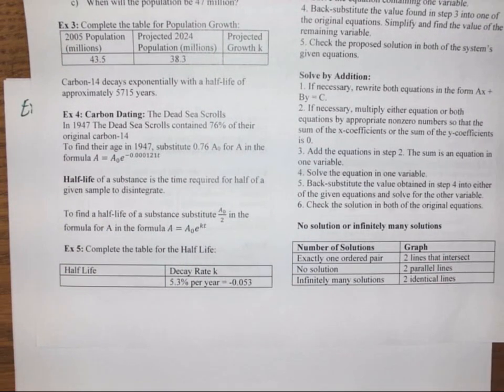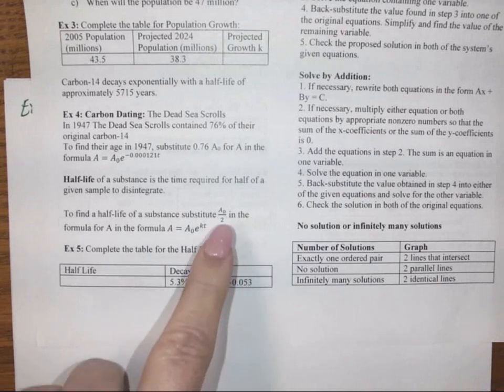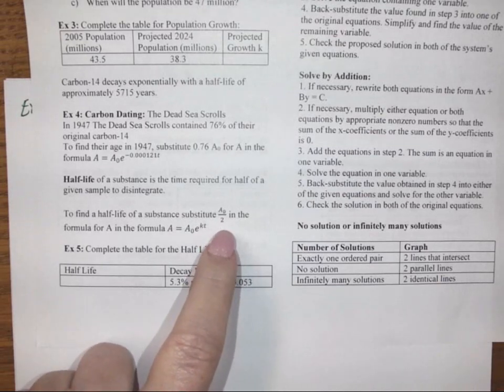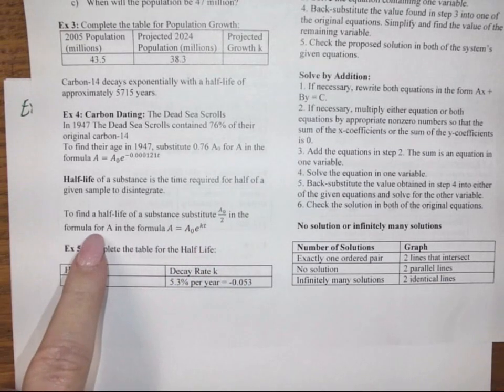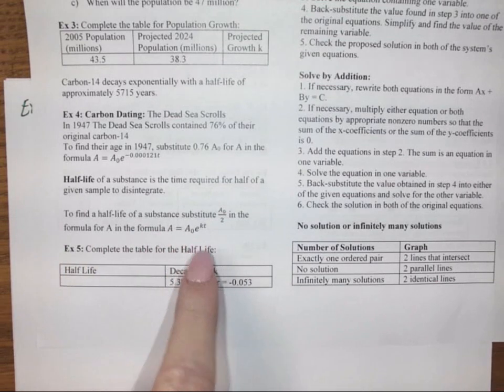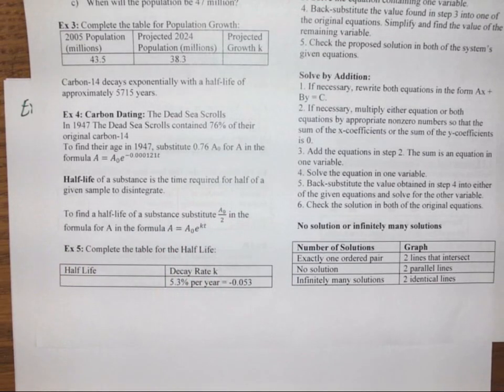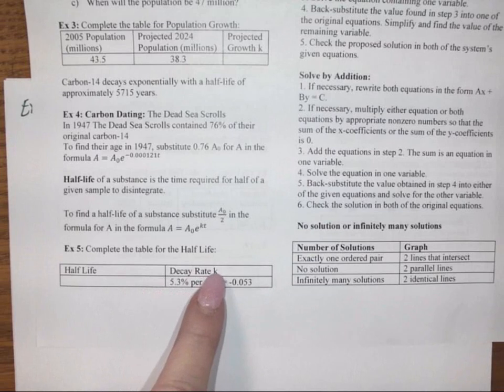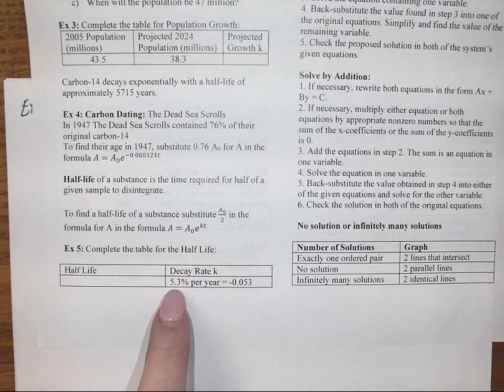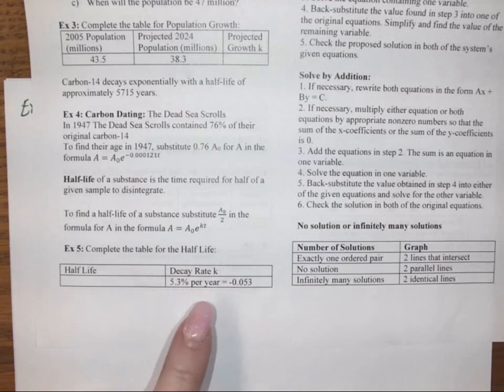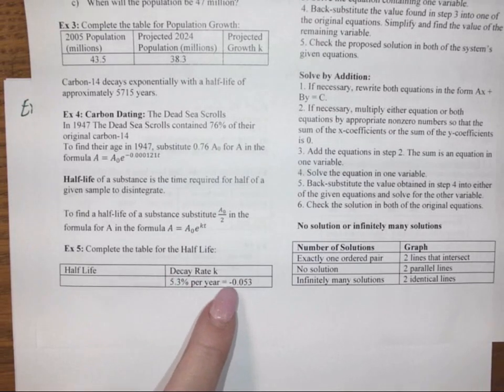To find a half-life of a substance, substitute a sub naught over 2, because it's half the life, in the formula for A. In the formula, A equals a sub naught e to the kt. So we're going to use a sub naught over 2 this time. So completing the table for the half-life, the decay rate is k, so it's 5.3% per year. You have to change this to a decimal and understand that it is a decay rate, so you have to put a negative sign in front of it.